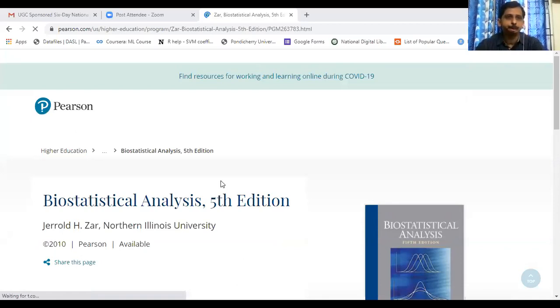And another book I wish to mention is by Daniel. I think the recent edition is the 11th. I have the 9th edition. This is also a wonderful book.